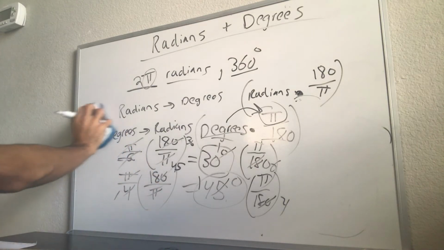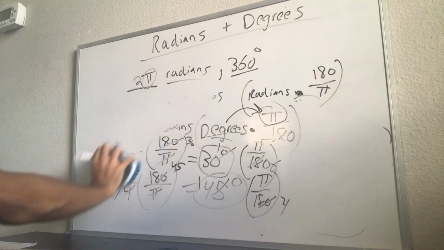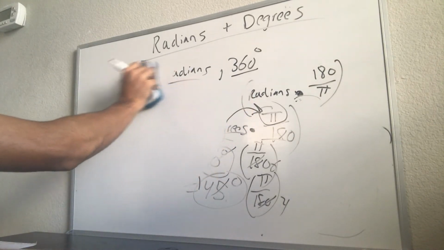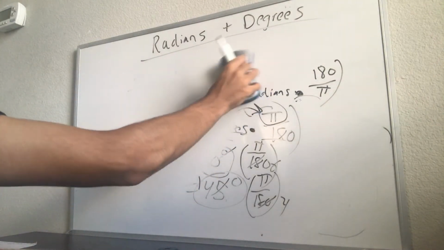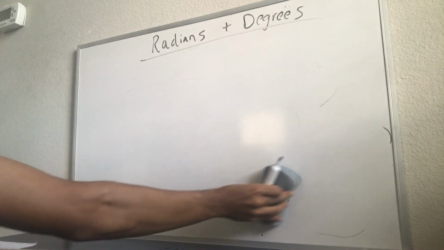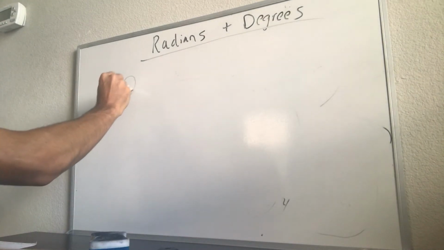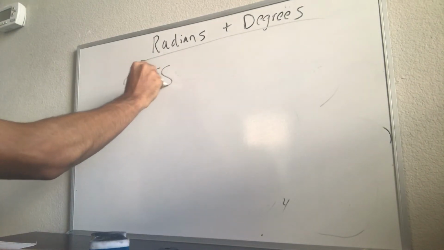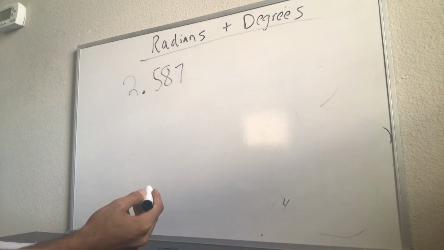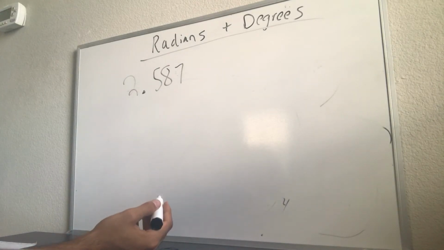The other idea that you want to keep in mind besides conversion is how you label them, because they at times trick you with the way it's labeled. So when you have something like 2.587, this is likely to be radians, because you don't expect a small degree measure. However, it's possible it may be a degree.